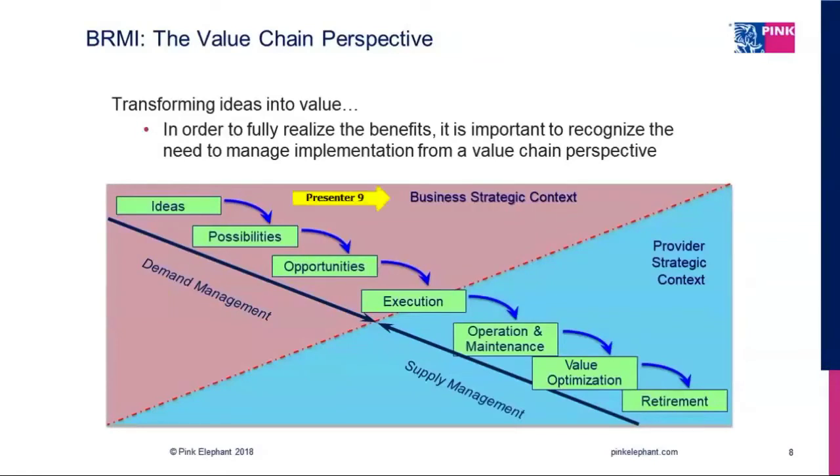The things in the red section of the value chain are typically business-oriented. And then once you cross the line and we have technical services supporting business processes, we then get into the provider context. So the value chain is actually good. It shows balance between business demand management and IT supply management, and gives us a link chain to transform ideas into value.